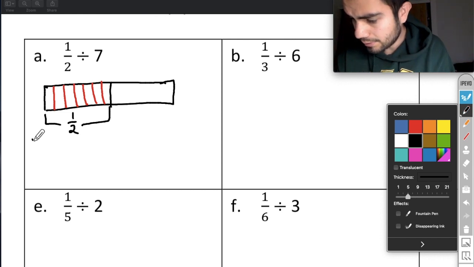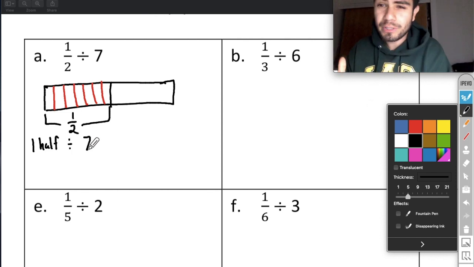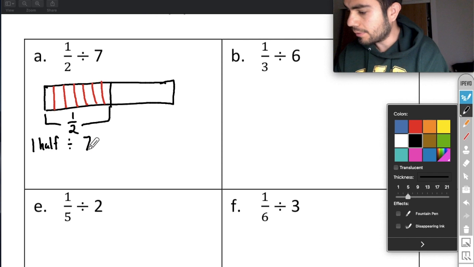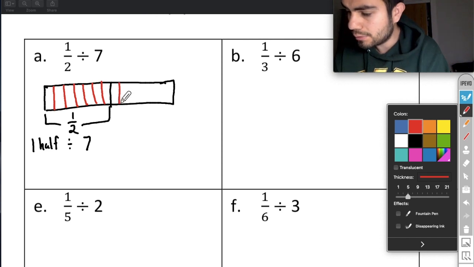So initially you had 1/2 divided by 7, but now we turned that 1/2 into 7/14. Okay, now if you're wondering where those two numbers are going to come from, let's show that here.